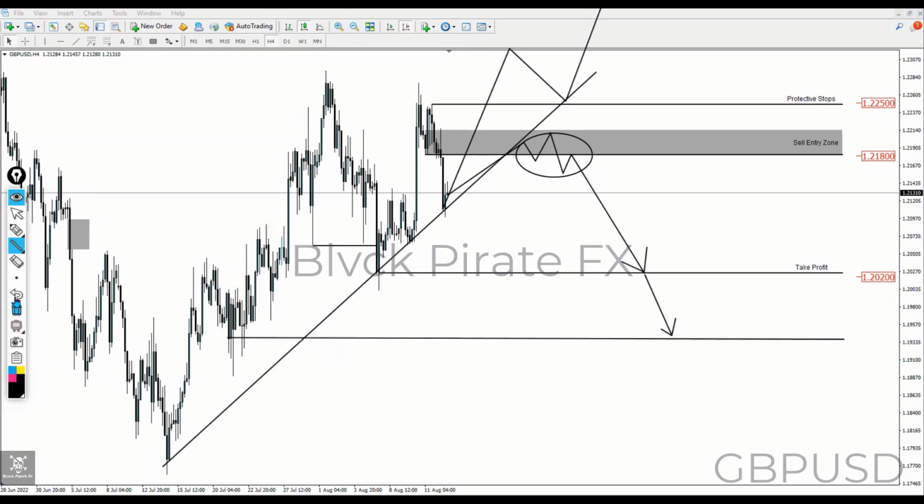So we will only get into this trade provided we get a market structure break on this time frame and the H1 time frame preferably, though you can use all time frames going down to the M1 time frame.